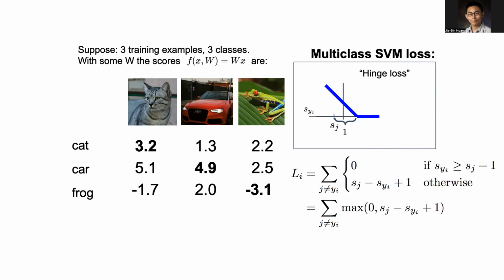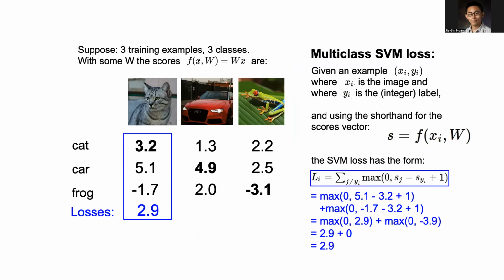So the idea here is the following. You want to compute the score for the other class minus the score for the correct class plus 1. So basically, if your prediction for the correct class is larger than the incorrect classes by a margin, then you pay 0 cost. Other than that, you pay some more cost.